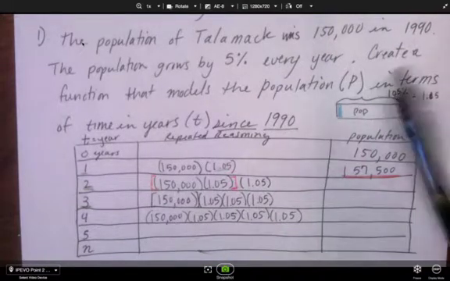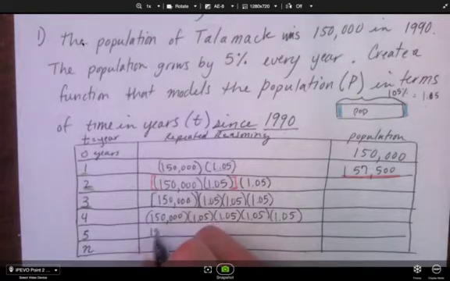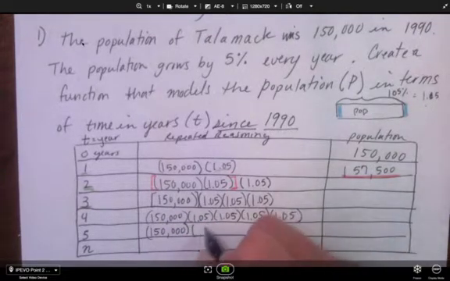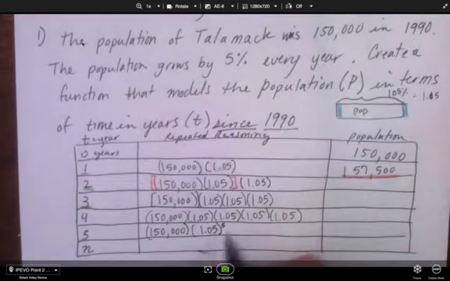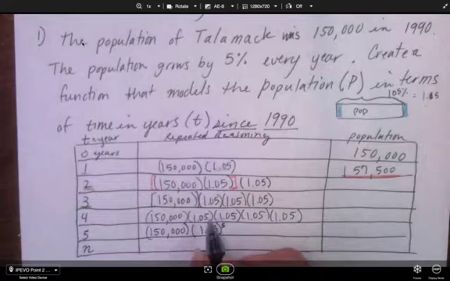So we could predict that 5 is going to be 150,000 times 1.05 to the fifth, right? As in multiplying by itself 5 times. We could have also written this one right here as 150,000 times 1.05 to the fourth, but we didn't, but we could, okay?